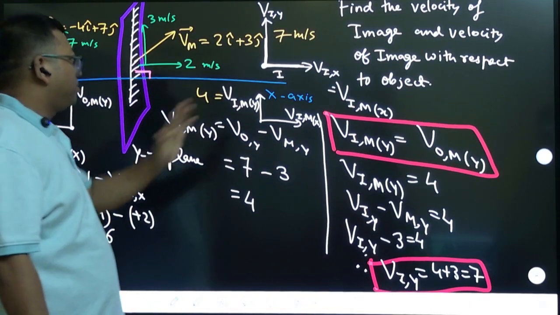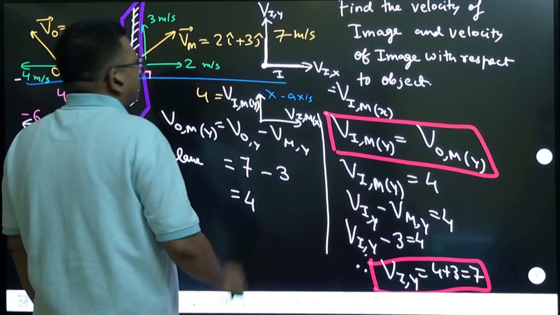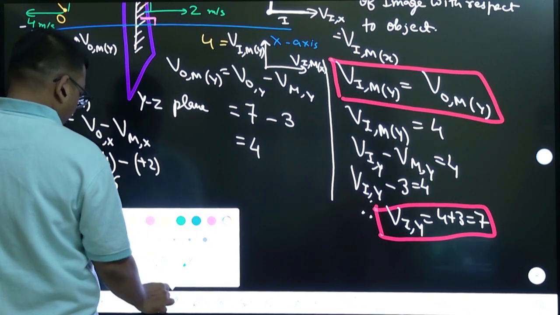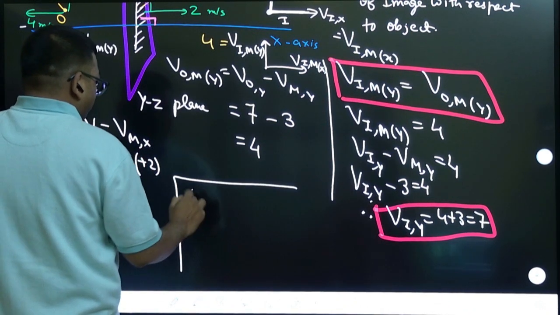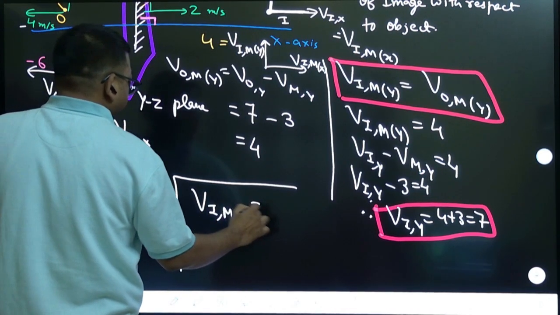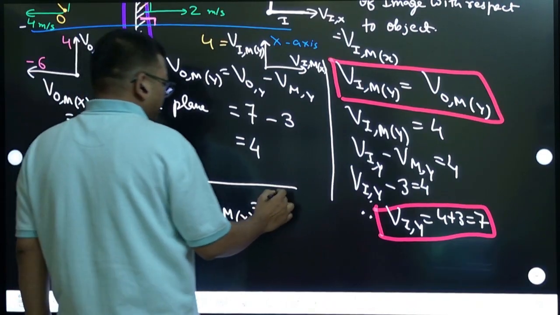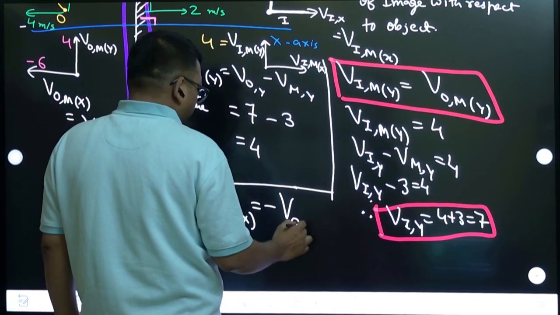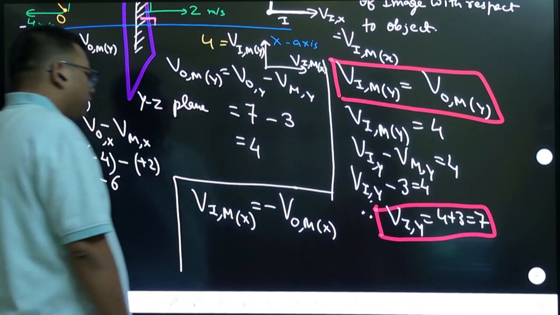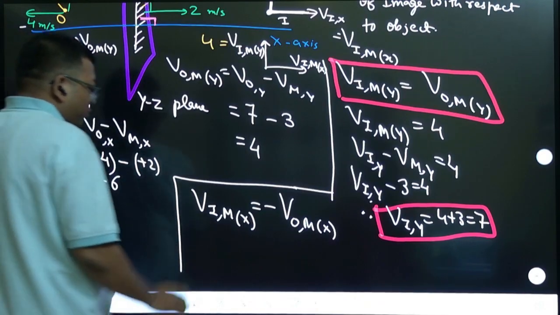Okay, so let us now apply formula for this. So relative velocity of image with respect to mirror along x-axis is minus, remember, minus velocity of object with respect to mirror along x-axis. Okay, and now we will apply the formula.